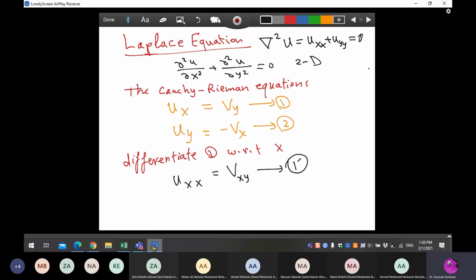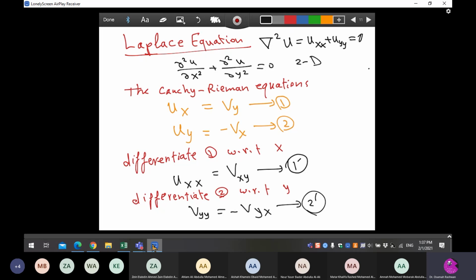Now do the same for 2, but differentiate with respect to what? With respect to y, to have Laplace. This is why I gave you the introduction. So what do you have? u_yy equal to minus v_yx, right? We call this one 2 dash. Now just sum these two together.